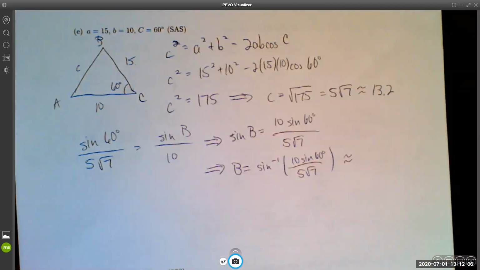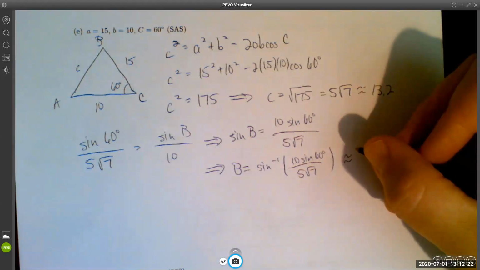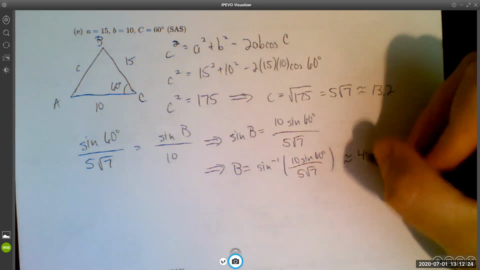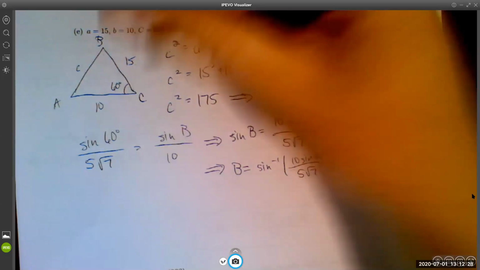Let's see. That is about 40.9 degrees. Okay, so we've got C, we've got B.